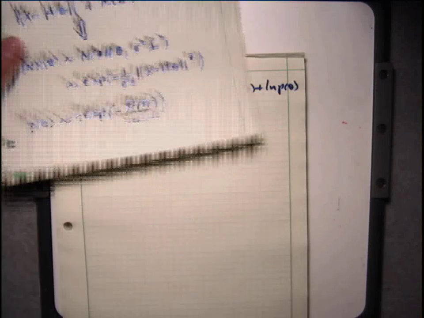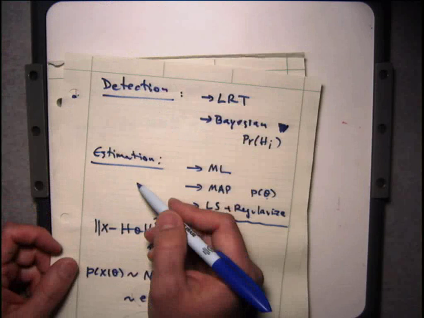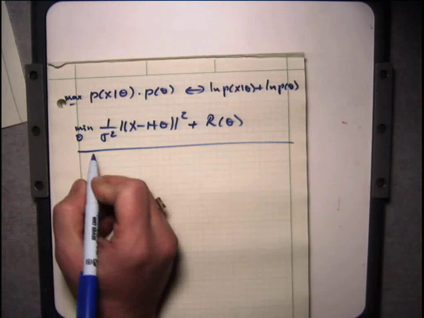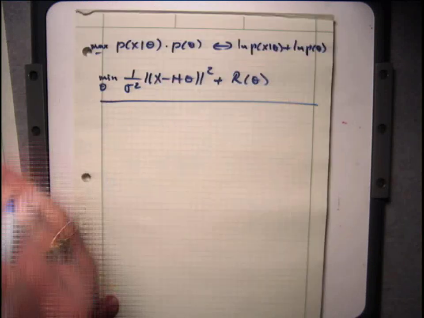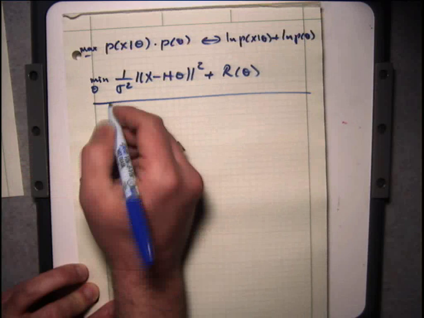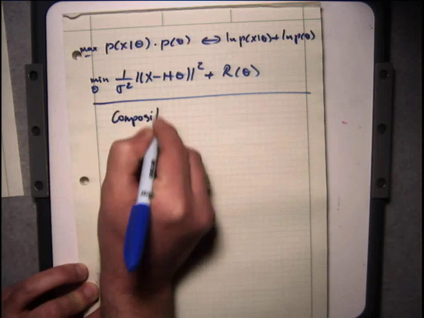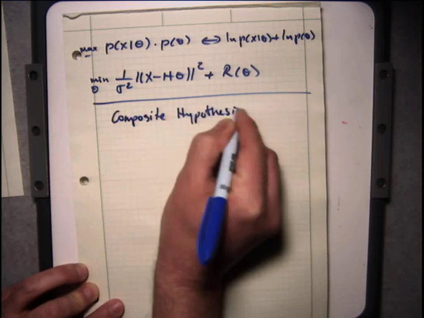Okay, so we did the detection, we did the estimation, and then we went back to the detection scenario, except that now we assume that we didn't have any parameter, we had some unknown parameters, and this is what we call composite hypothesis testing.